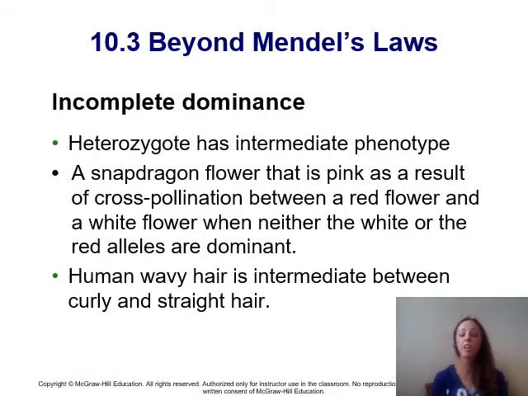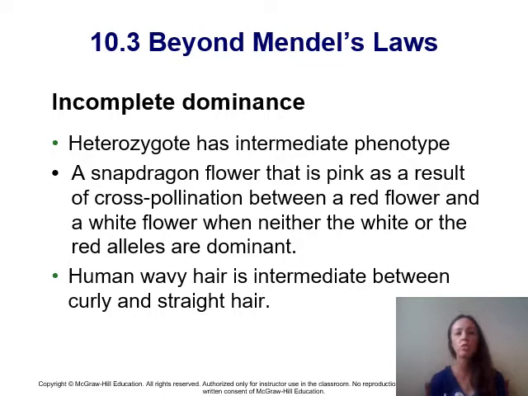So now we'll move on to section 3 and continue to discover the complexity of genetics. Incomplete dominance is when neither allele for a trait is dominant. For example, if a snapdragon flower has 2 different genes for its petal color, one red and one white: if it inherits 2 red alleles, then it will have red petals.